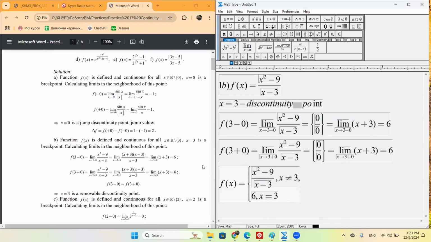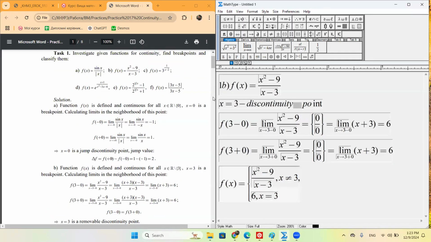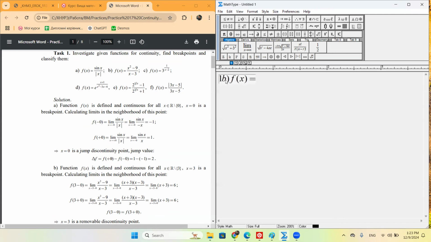No questions. Let's move on. Another example. I'm erasing this one. 3 to the power of 1 divided by x minus 2.